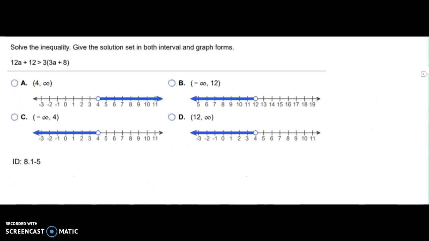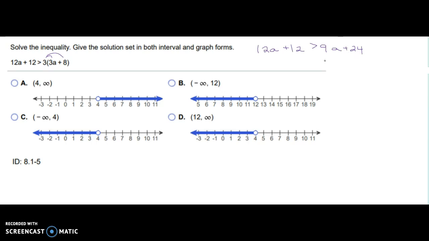All right, and then question 5, that is just a regular inequality. From here, we'll distribute that 3. It's just a single inequality. 12a plus 12 is greater than 9a plus 24.